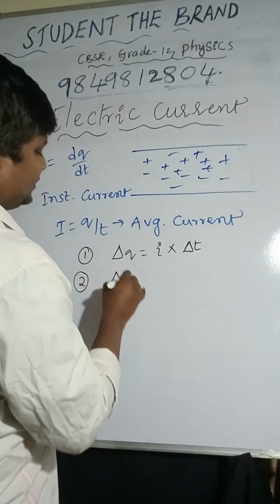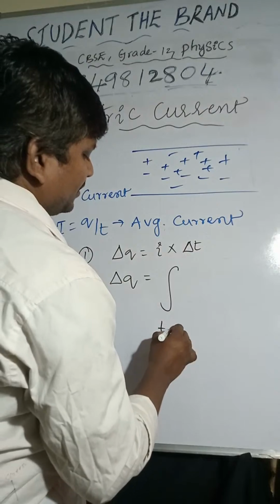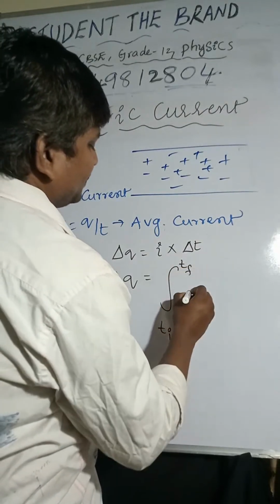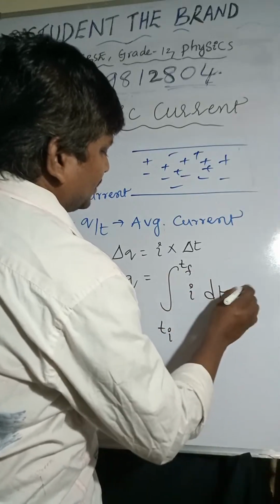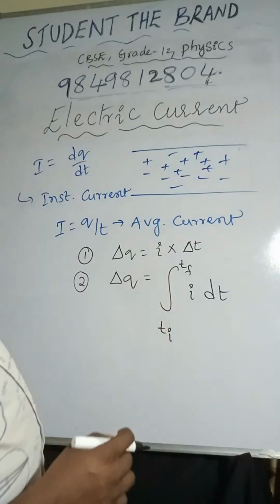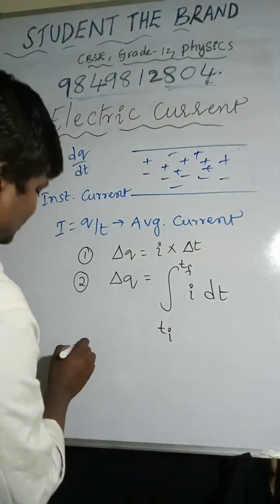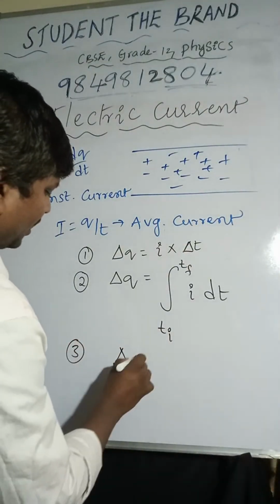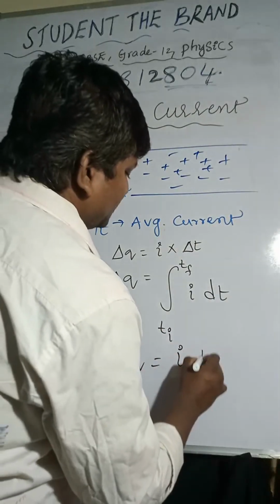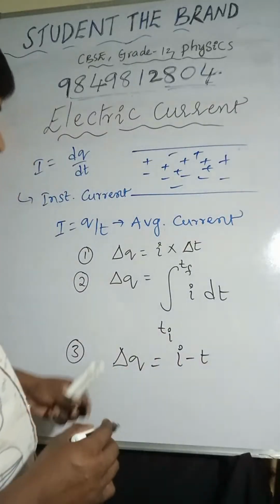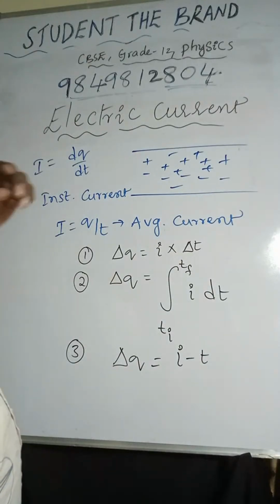Second, if the current is a function of time, then the flow of charge is the integral from initial time to final time of I dt. And third, the flow of charge can be obtained by taking the area under the I-t graph. I hope it is very clear. Just check once.